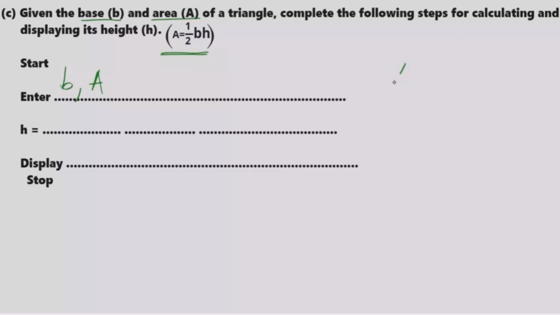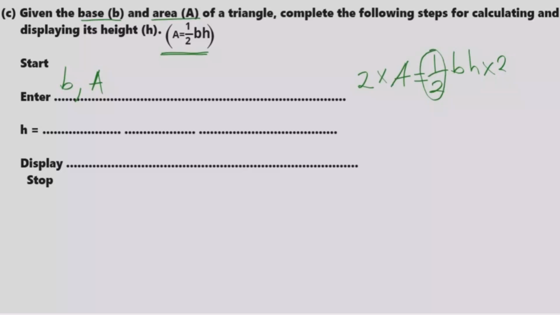So I'm going to write area is equal to 1 over 2 BH. Okay, so what do we do now? To start, we multiply both sides by 2. Why am I multiplying both sides by 2? I want to get rid of this fraction.